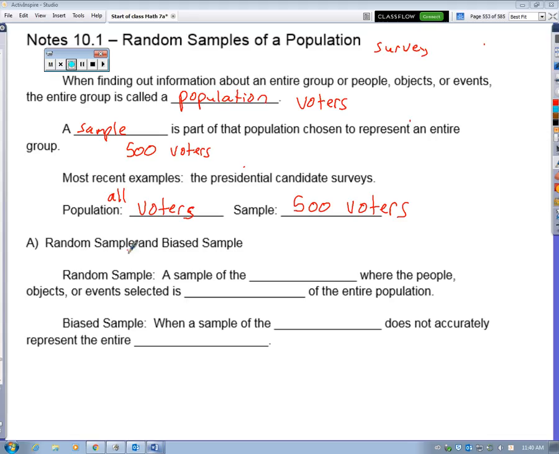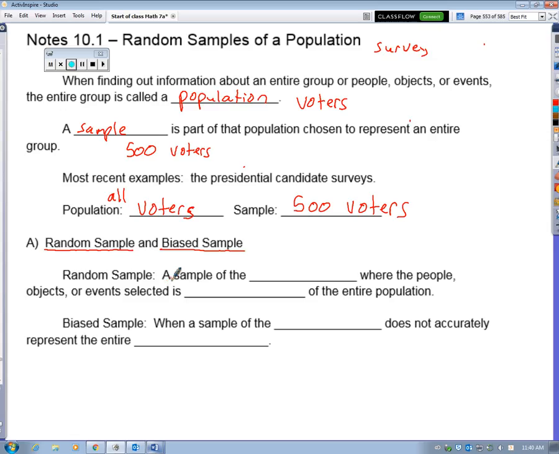When using a sample, like these 500 voters, it could either be a random sample, which would be random people, or a biased sample, which is going to be a specific type of people. Let's take a look at this.